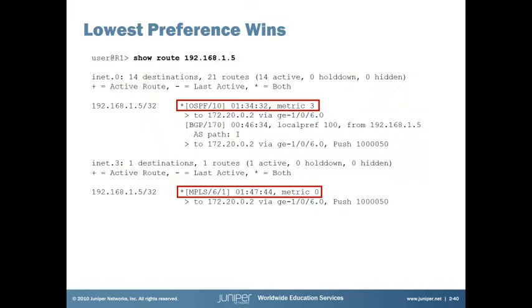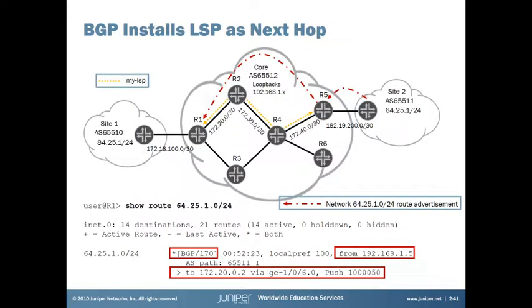It also has a better preference value, so it will become the preferred path for that traffic. So it's actually BGP that installs the label switch path as the next hop for us, and we can take a look at that in BGP as we do a show route, and we'll actually see the push statement on the BGP route.